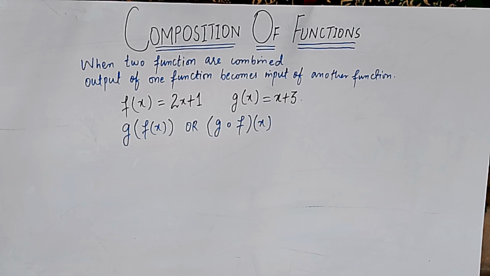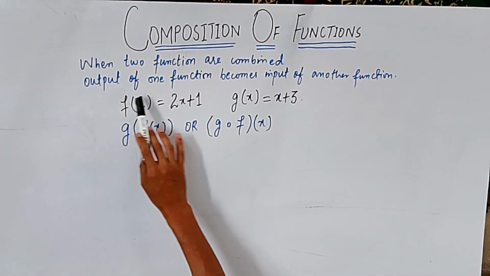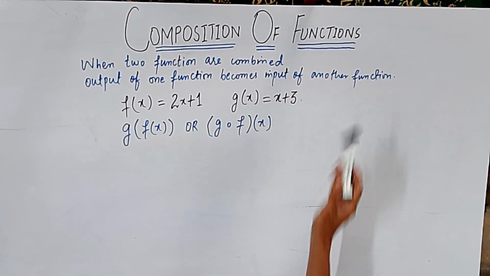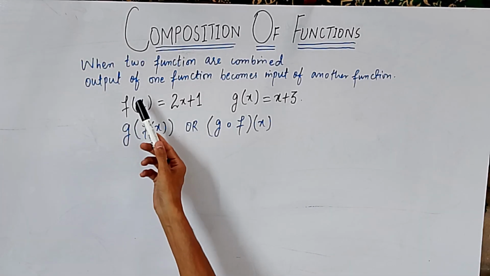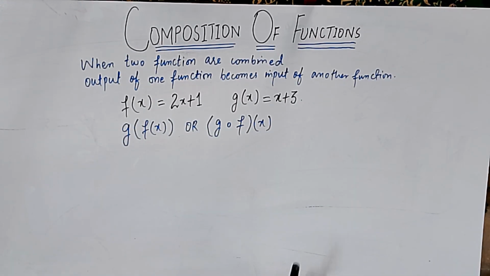But here you need to understand one very important thing: which function will you solve first? It is written that when two functions are combined, the output of one function becomes the input of another function. So we need to decide which function's output we take as the input of the other. The order is very important over here.